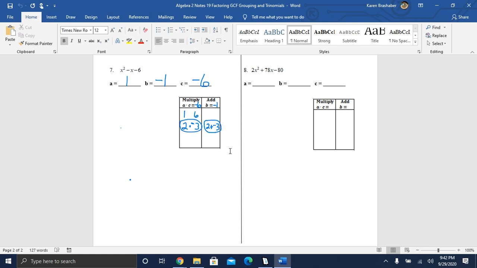So again, let's think about how we go from here. We start with x squared from our original problem. Then we use our numbers that we thought of, but we put x's with them. So positive 2x minus 3x. And then we go back to our original problem and we use that last number, minus 6. So we'll do the cut line. What can we divide by?